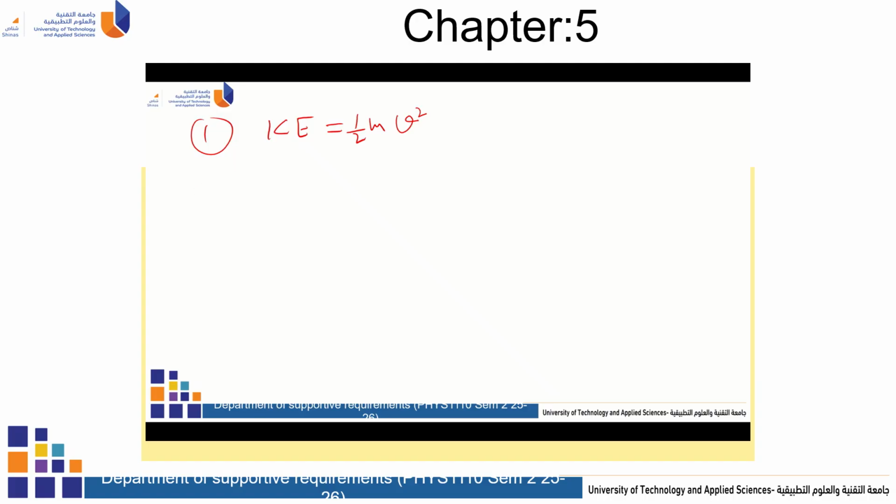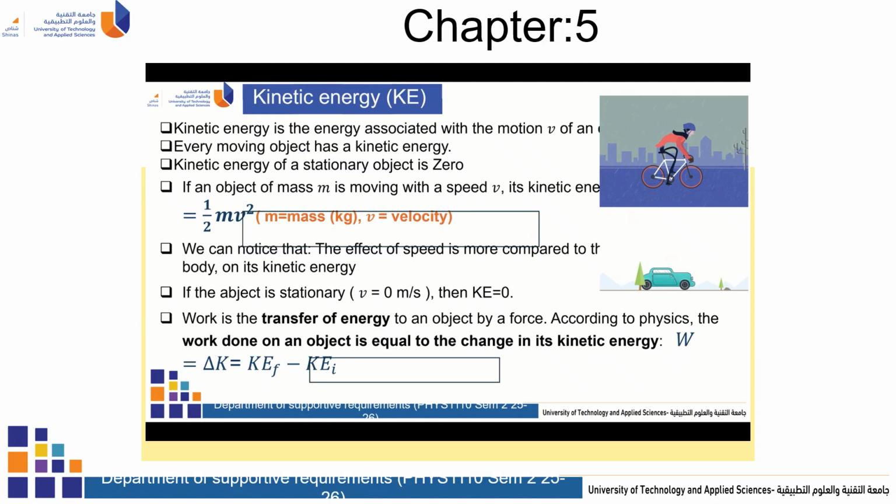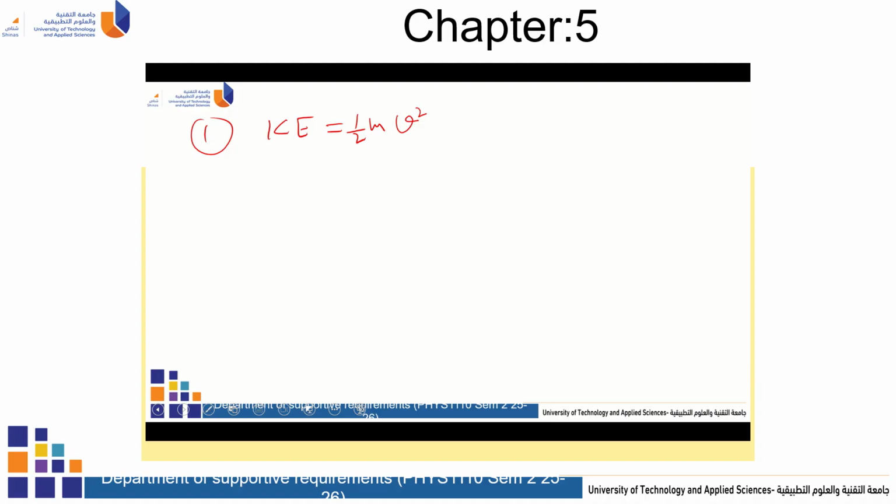After that, there is one more rule, which is for the work. Here there is a relation between the work and the energy. The work is equal to the change, the delta, in the kinetic energy. This is the rule.